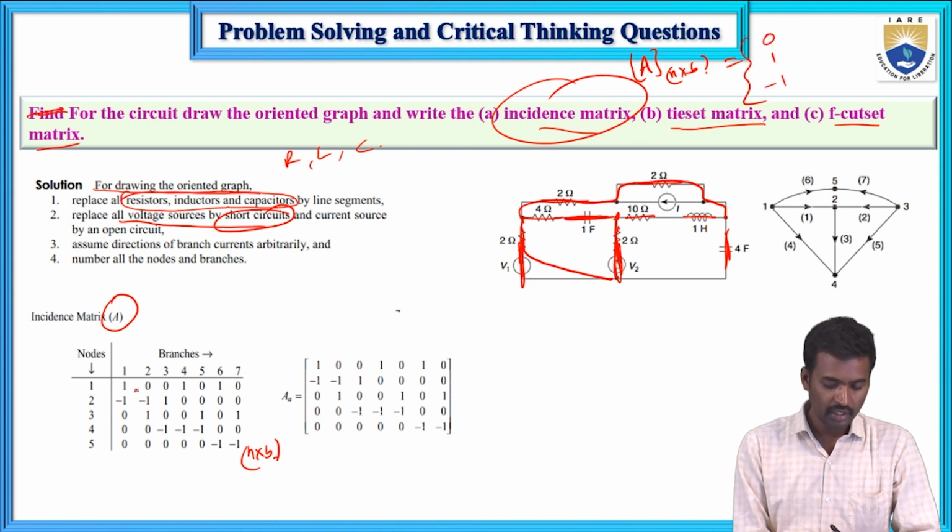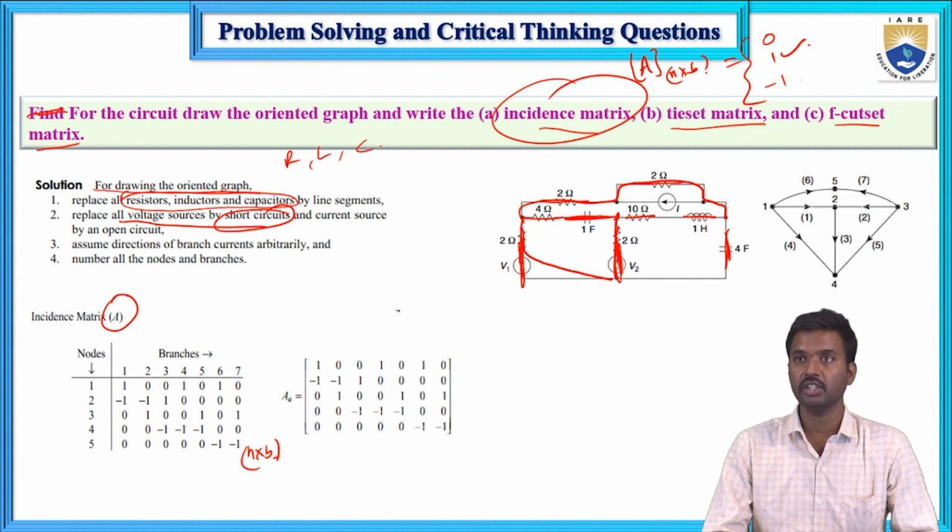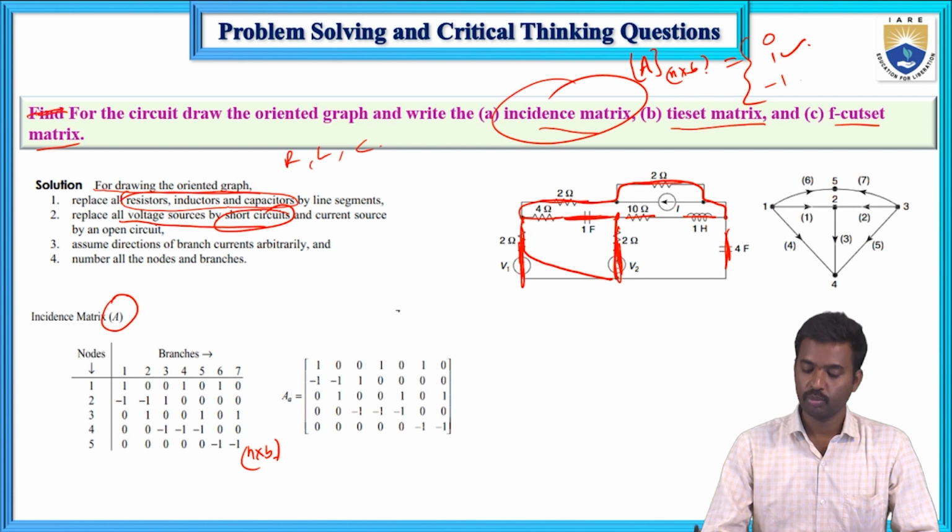If the branch orientation is leaving away from the node, that is plus 1, and if it is entering the node, that is minus 1. If the branch is not associated with the node, then that value is 0. So the incident matrix values are 0, 1 and minus 1.